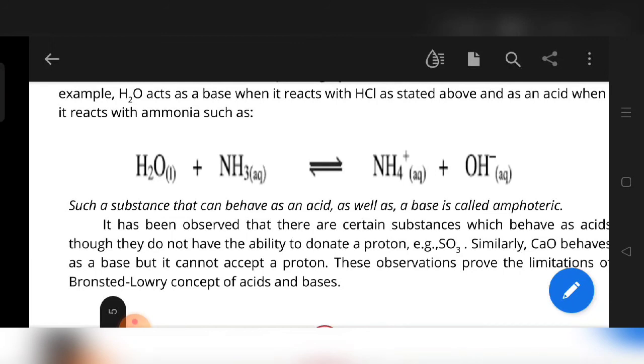This is the limitation of this concept, because it deals only with atoms, molecules and substances which can donate or accept a proton.